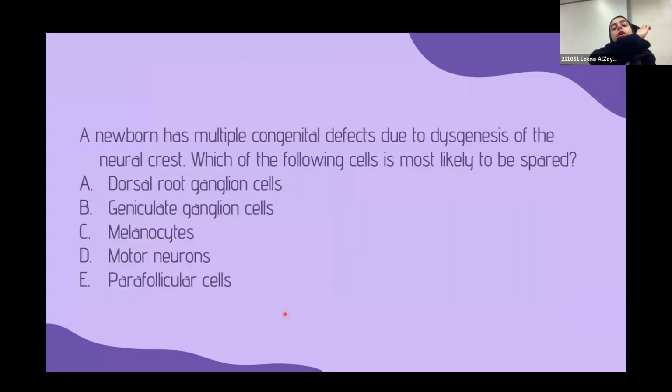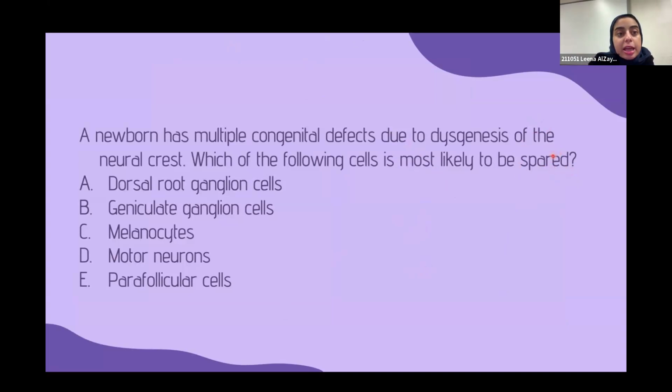Okay, so a newborn has multiple congenital defects due to dysgenesis of the neural crest cells. Which of the following cells is most likely spared? So what's the keyword here, guys? The keyword is spared.